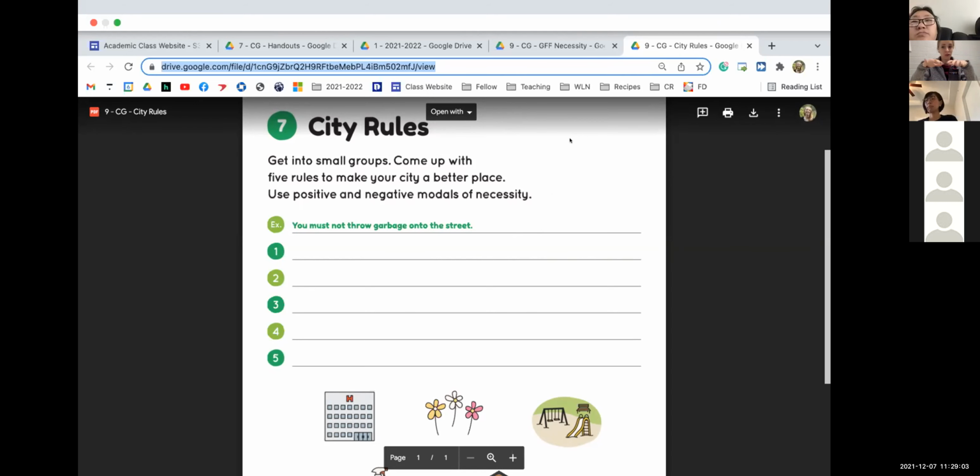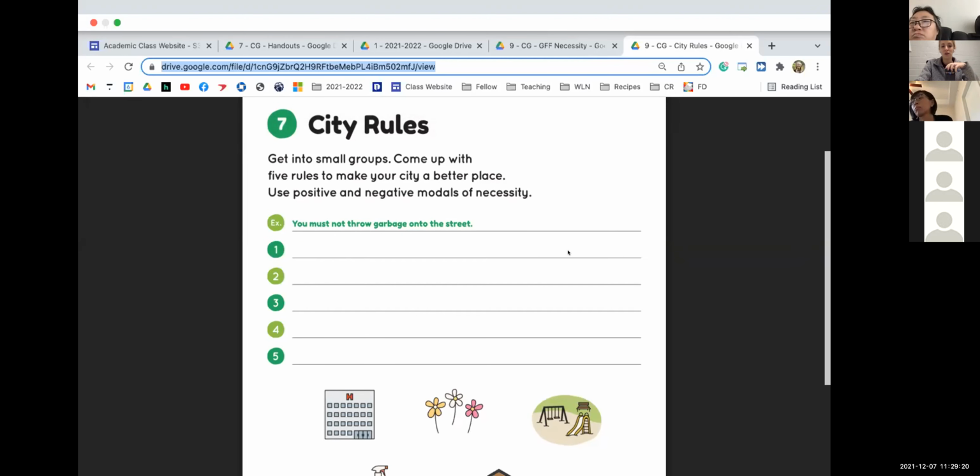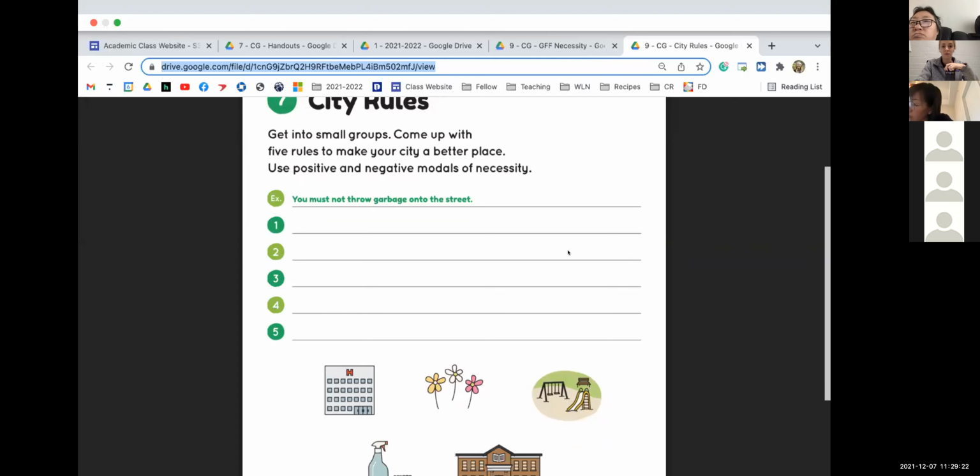In writing or typing, have got to is so many words, and we like to write fewer words if possible. So we see must more commonly in writing and have to, have got to more commonly in speaking.